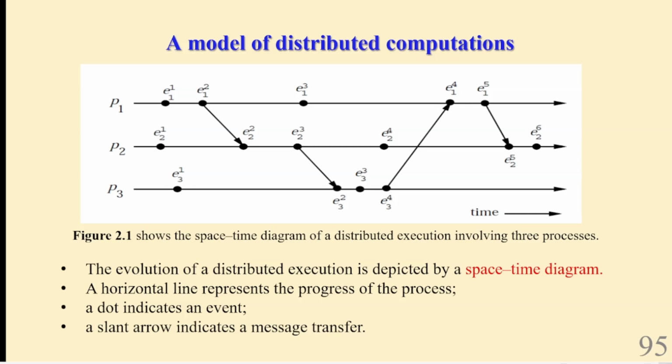Why E_1^1? The subscript, the one below the E, is of the process. It denotes this event occurs in process P1, and the superscript above the E denotes the number of the event: E_1^1, E_1^2, E_1^3. So only after E1 occurs, E2 will occur. You can see it is moving in a linear order.